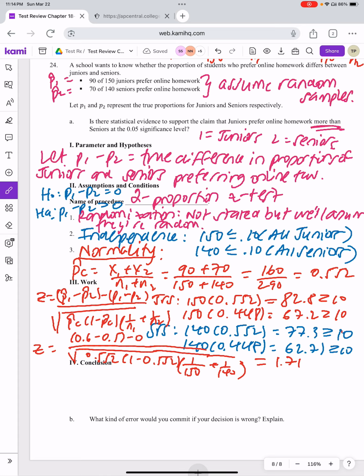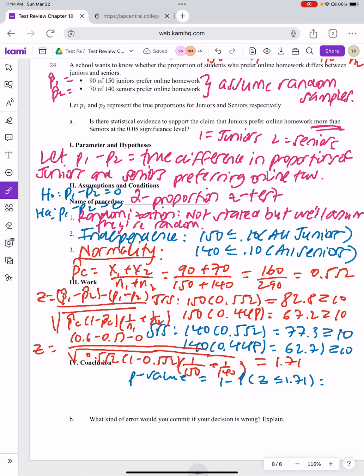So, even though it's 1.71, the p-value is 1 minus the probability that the z-score is less than or equal to 1.71.